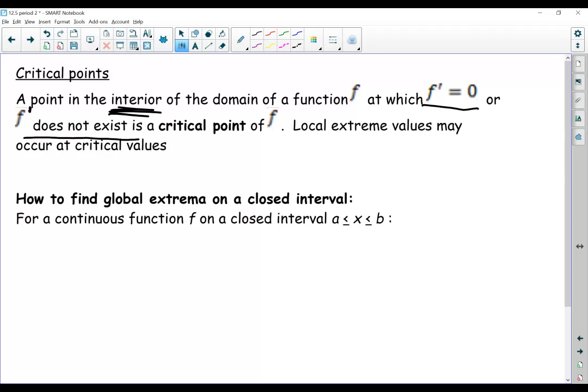So how do we find global extrema on a closed interval? If I have a continuous function on a closed interval from A to B, then EVT applies, which means I have to have both an absolute max and min. I know that they're going to occur at one of 2 places, at critical points or at the endpoints. So what I'm going to do first is find all critical points.